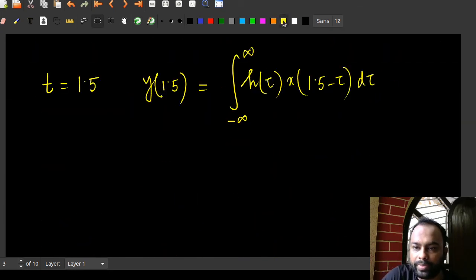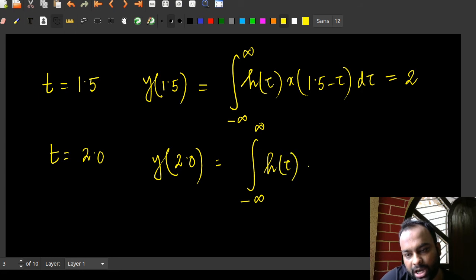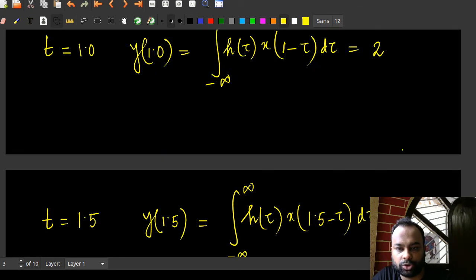So at this point, the output is equal to 2. Now we're calculating the output at t equal to 2. So integration from minus infinity to infinity of h(tau) x(2 minus tau) d tau.